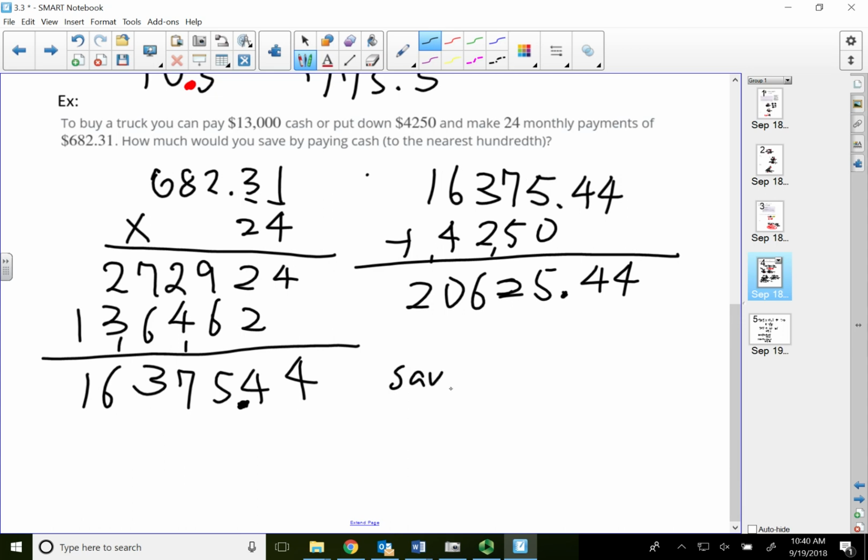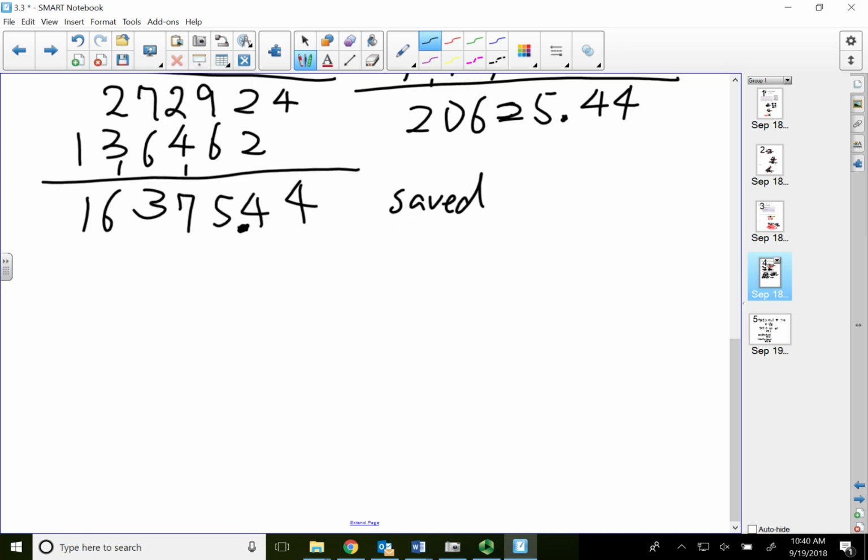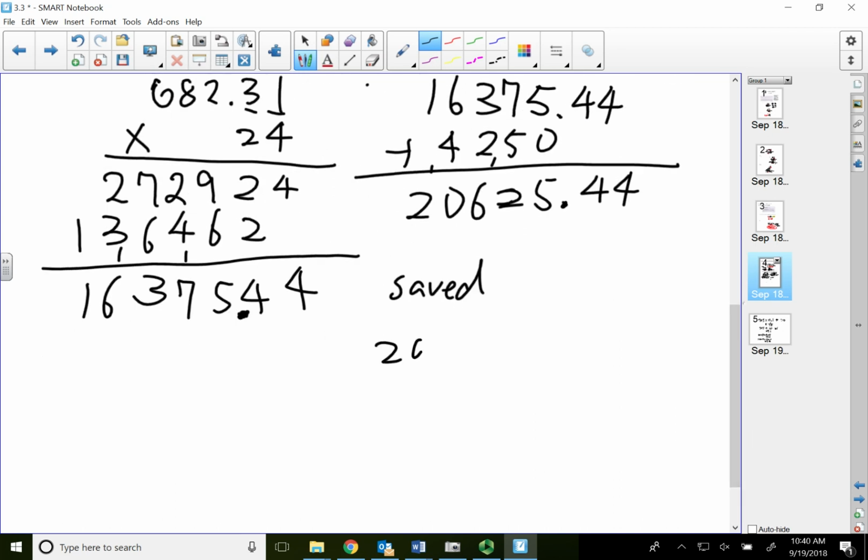Let's subtract and see what the difference is. $20,625.44 minus $13,000.